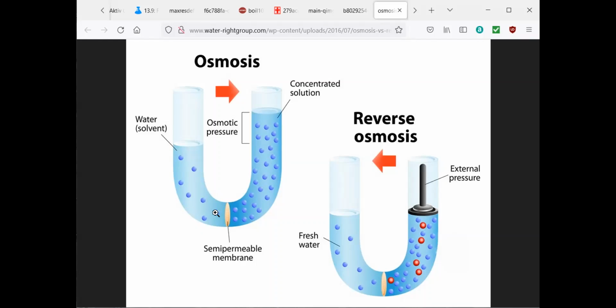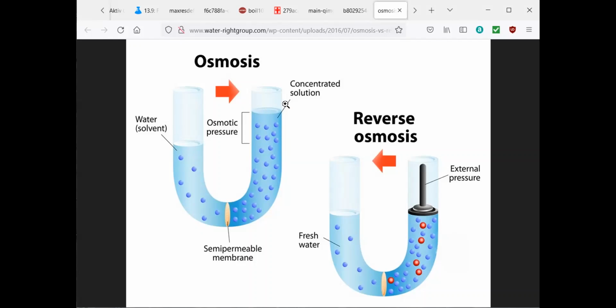Why doesn't it continue till the side is empty? It's because we've got gravity pulling down on this mass of solution here. So osmotic pressure is going to be, and we have outside pressure here. So osmotic pressure pushing up, it stops because it's equal to the pressure pushing down on it.